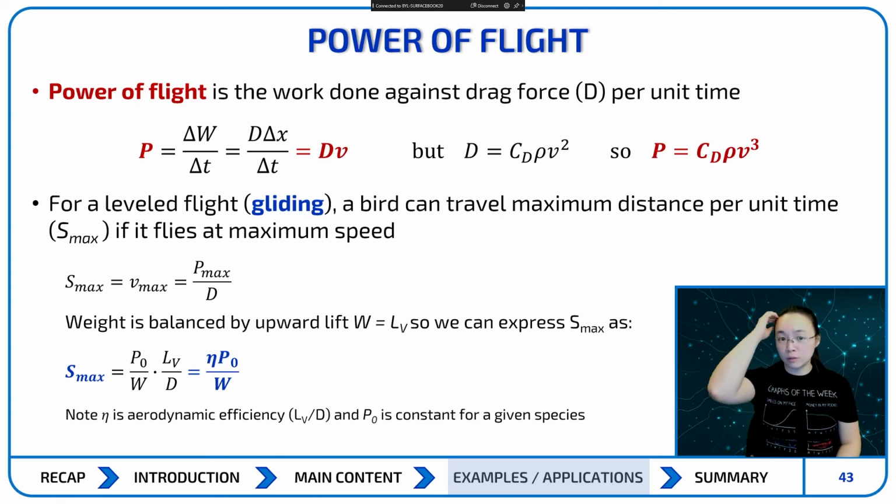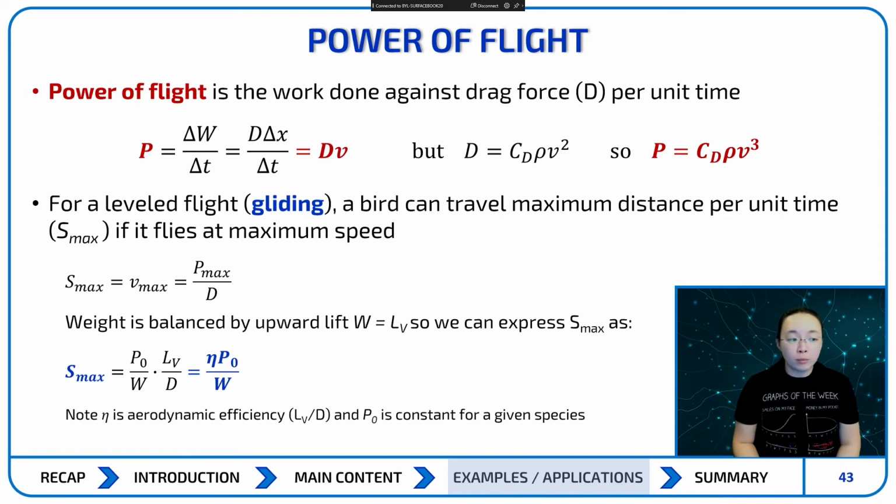So we can consider the power of flight to be equal to D times v. But before, I already presented an equation for D, and D was equal to C_D rho v squared. So we can rewrite the power of flight to be the coefficient of drag multiplied by the air density multiplied by velocity cubed.